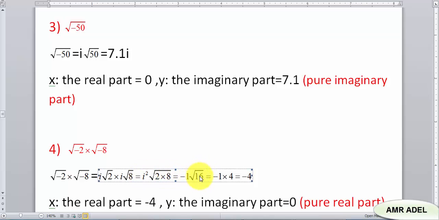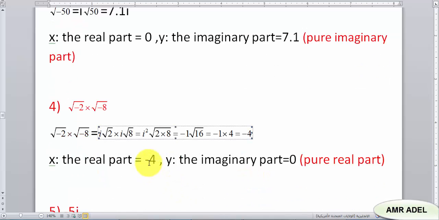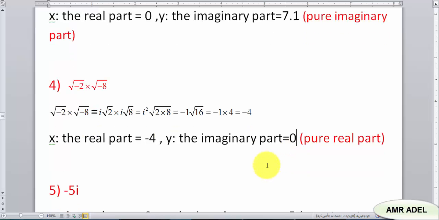The square root of 16 is 4. Multiplied by minus 1, it will be minus 4. Look here, there is no part which is multiplied by i. It means it's only the real part, which is minus 4. The imaginary part is 0. So we call it pure real, because there is no imaginary part.